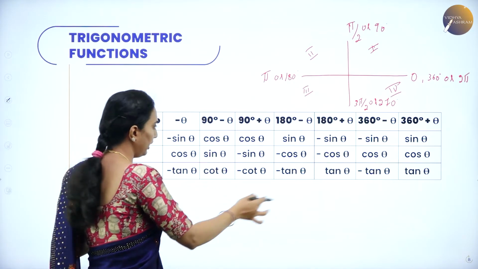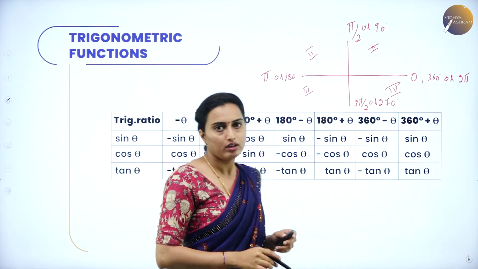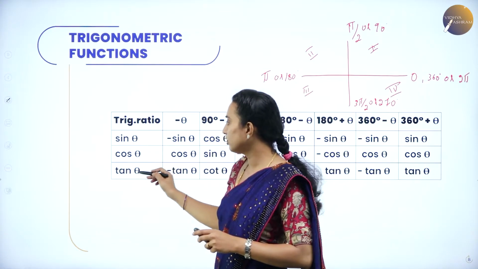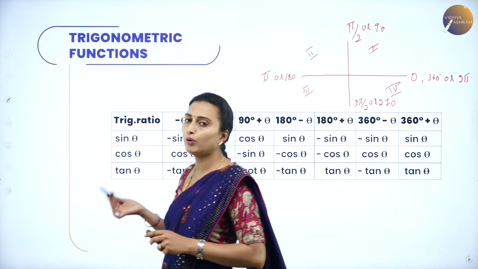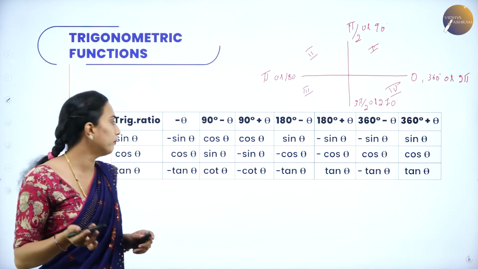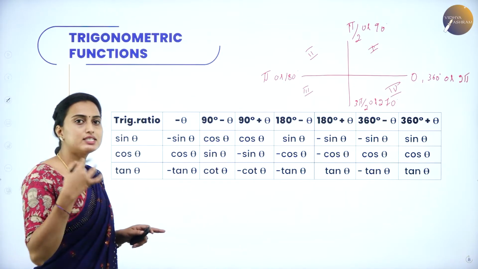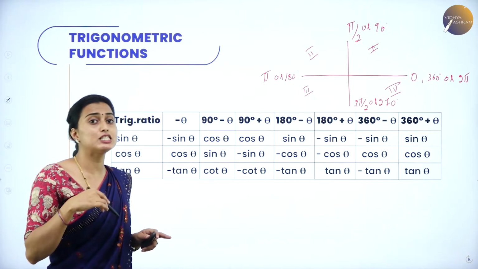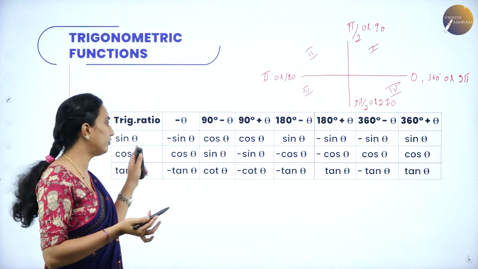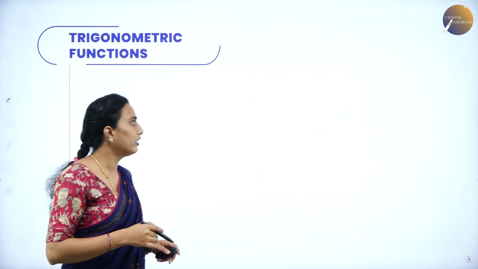If you want, you can make a list of those also. Sin theta, cos theta, tan theta are very important; these are reciprocals, not inverses. You can write the reciprocals of these if you want.